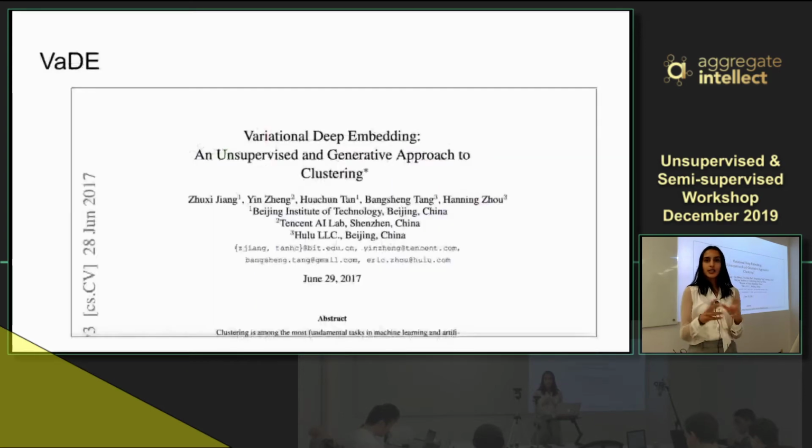So I talked specifically about one paper, and I tried to give you sufficient information to be able to implement it today. And the one I picked was VaDE, which stands for Variational Deep Embedding. The reason I picked it is because you can use what you implemented last week in today's practical session.